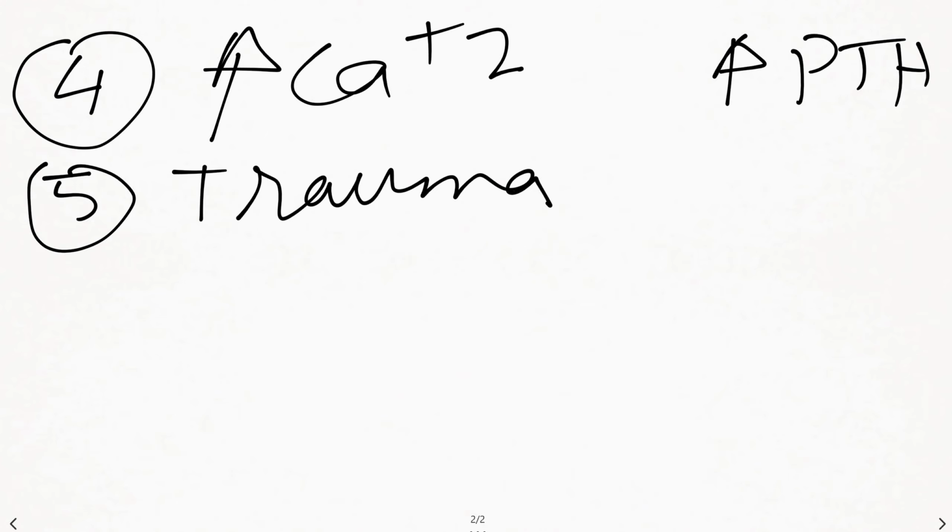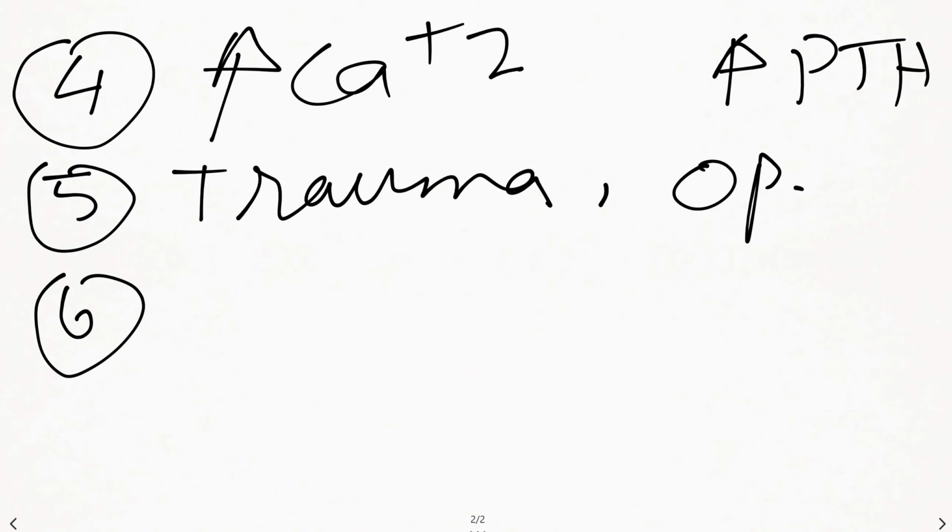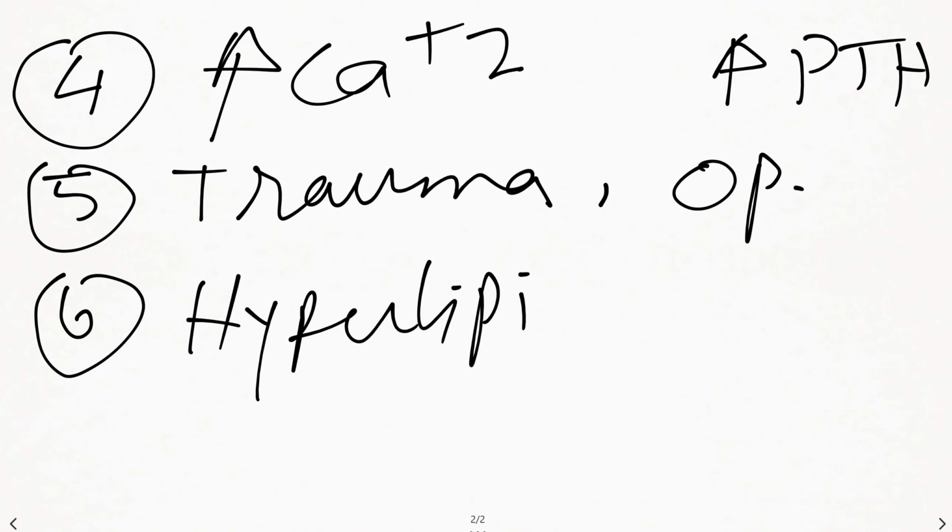It could be iatrogenic, due to an operation, where handling and manipulation may cause acute pancreatitis. Hyperlipidemia is another cause. As you go on, the examiner will probably stop you, but you have to know them all.